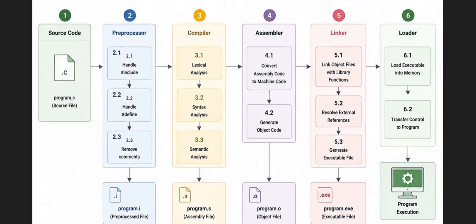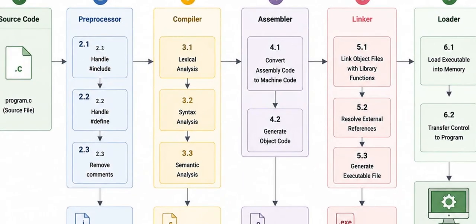Now this assembly file is sent into the assembler. This assembler is used to convert the assembly code present in this assembly file into machine code.